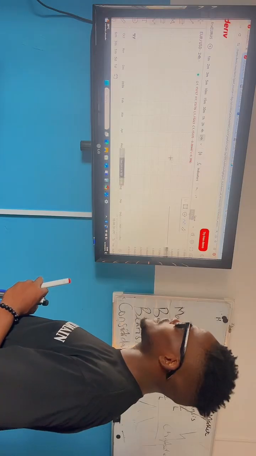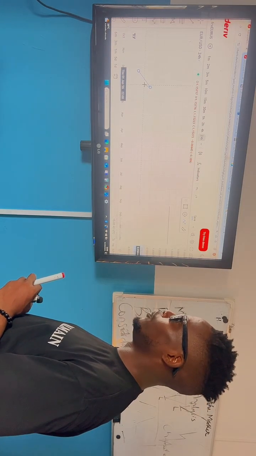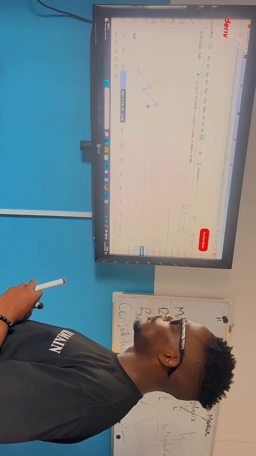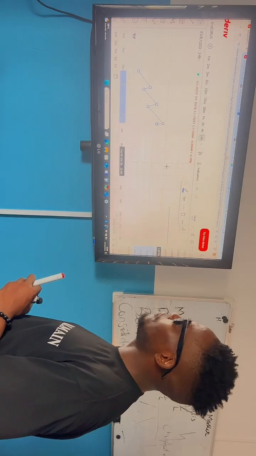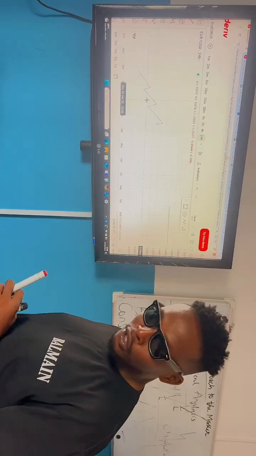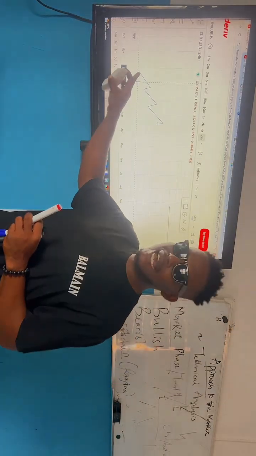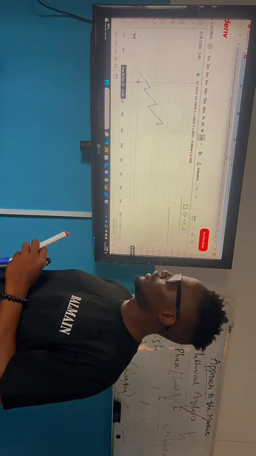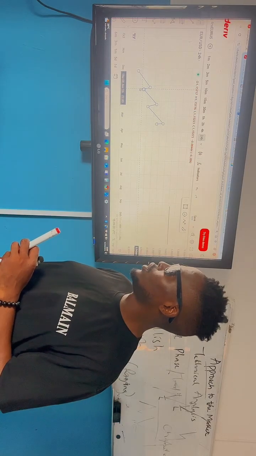Now, let's say we start seeing a series of higher lows, higher lows, higher lows. What makes this a valid bullish character is this: when this wave starts, this is wave one, and this is wave two.